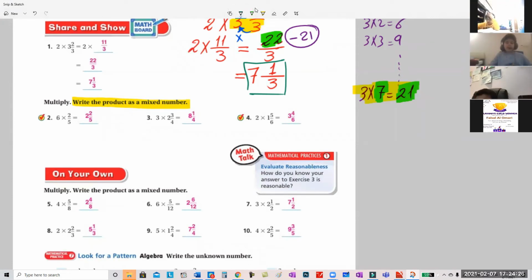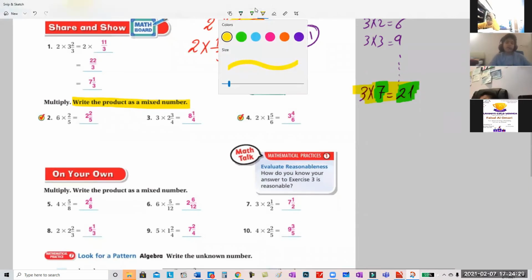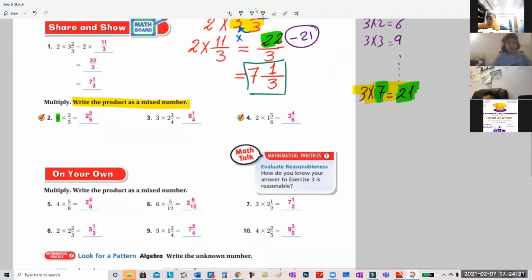First thing we're going to multiply 5 multiplied by 6. No, you have to multiply the whole number by the numerator. So 6 multiplied by 2. Teacher, why do you multiply?